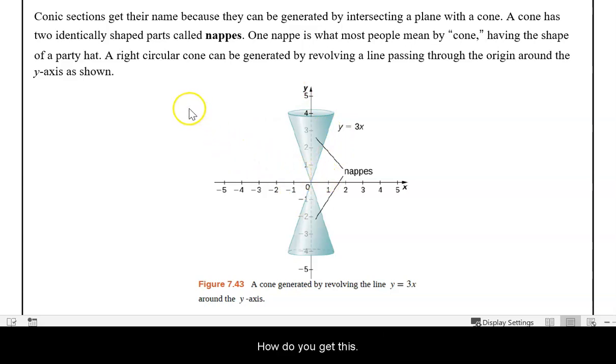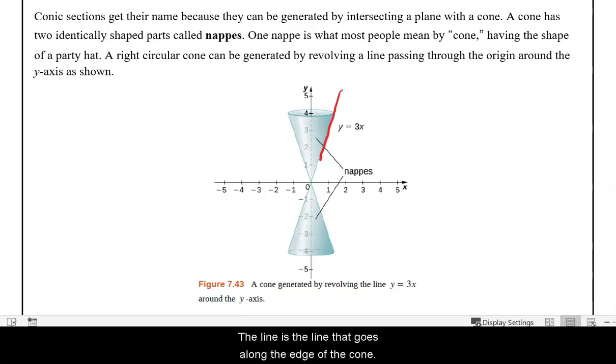Now, how do you get this? Basically, what you do is you take a line that goes through the origin and you rotate it around the y-axis. This line that you see here is the line y = 3x. Now, you may not be really clear on where exactly that line is, so let me outline the line for you in red.